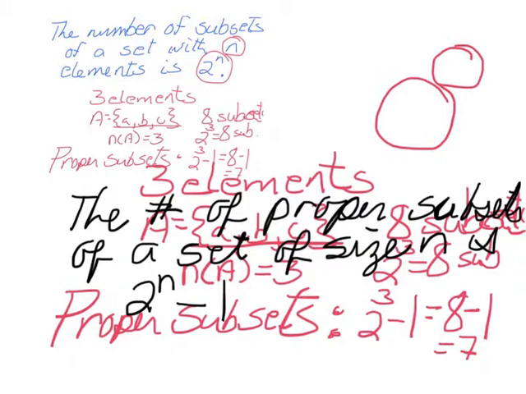Now notice you're not subtracting in the exponent but just below. And as we showed earlier, where we had 2 cubed minus 1 and got 8 minus 1 equals 7, that's the number of proper subsets.